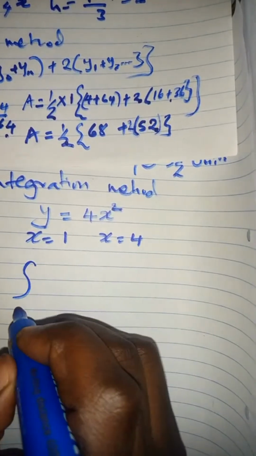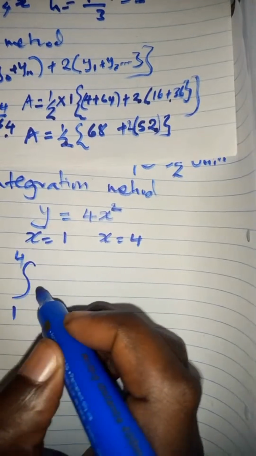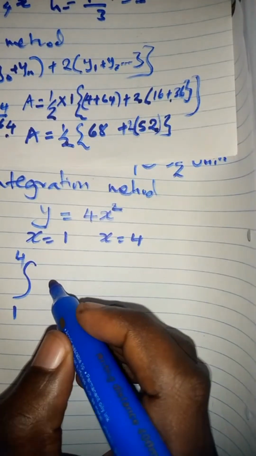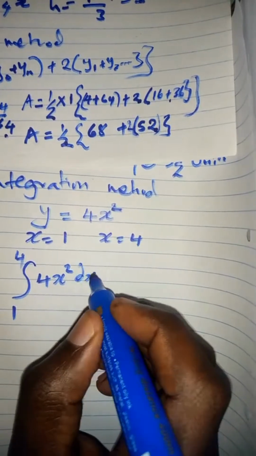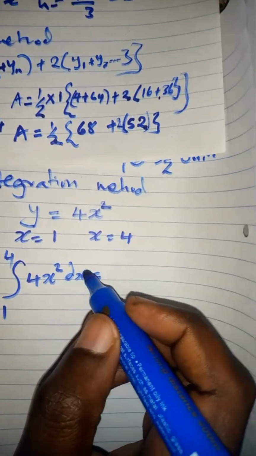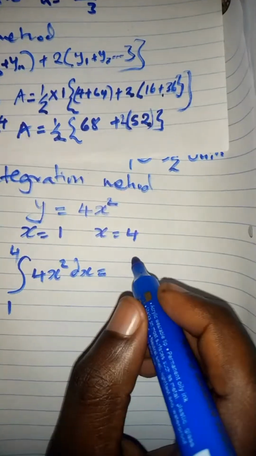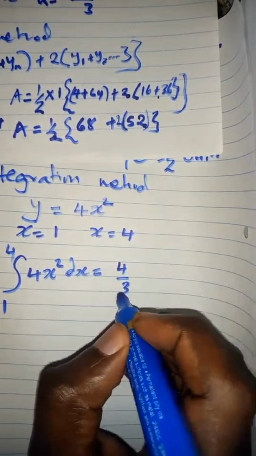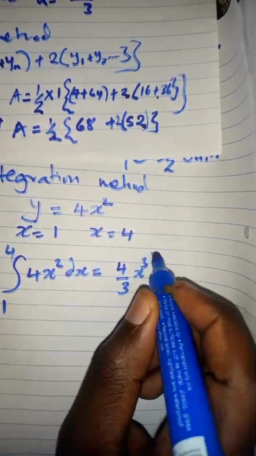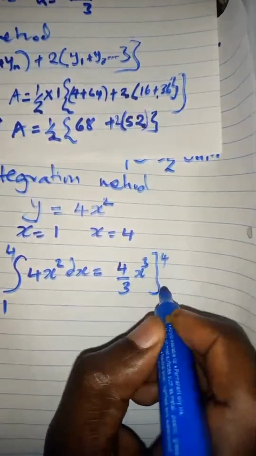So integrating from 1 to 4 of 4x squared with respect to x, I'm going to have 4 over 3 x cubed from 1 to 4.